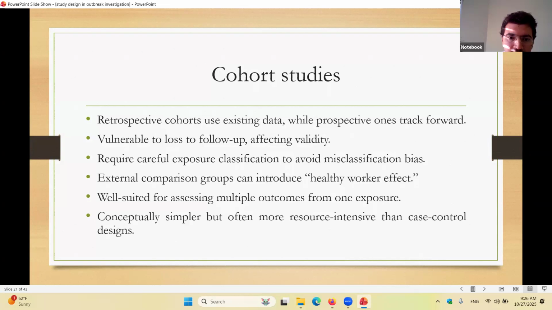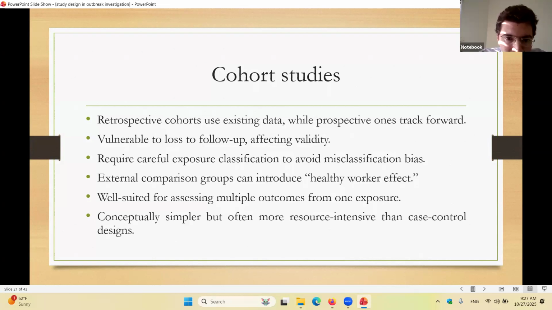So we should pay attention to correctly classify the exposed and not exposed groups. When we consider an exposed individual as a not exposed individual or vice versa, we have misclassification bias. Misclassification can be proposed also for outcome. I will tell you about misclassification.